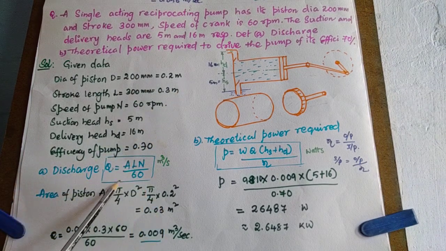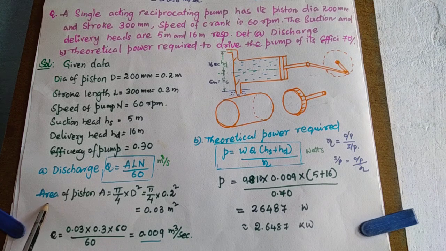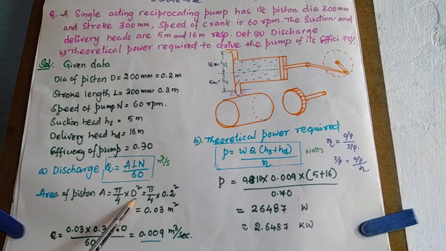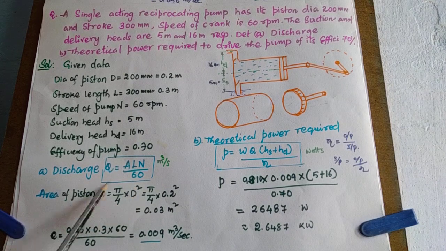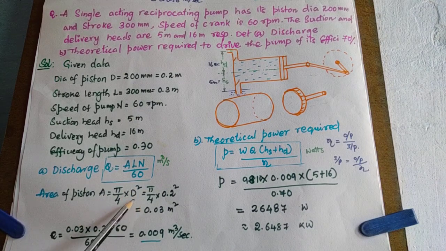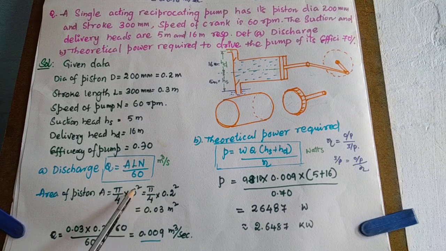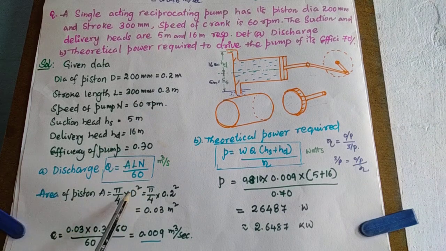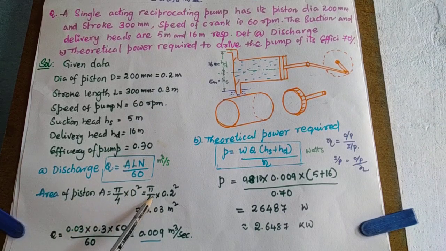The area can be calculated by the formula area equals pi by 4 d square, which is the general formula for circular sections. Substituting the diameter of the piston in this formula, you get the area of the piston equal to 0.03 meter square.